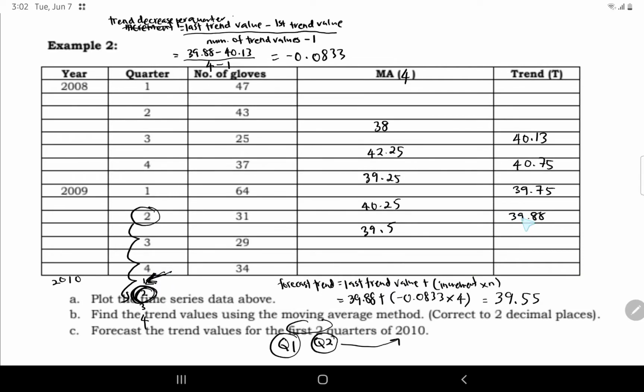So our trend value is at Q2 of 2009. So kita kira daripada Q2 2009 until Q1 2010, dia ada berapa quarter? Okay, 1, 2, 3. So the n dia akan jadi 3. Okay, to calculate the forecast trend value for Q1 of 2010.